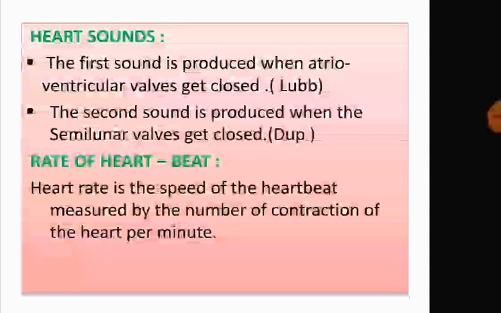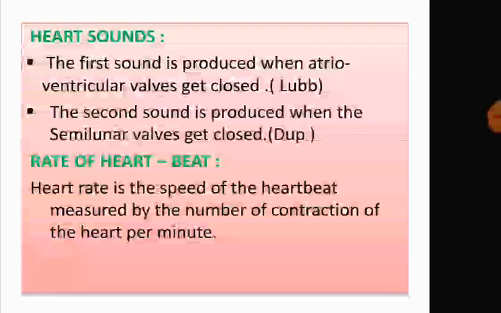The second sound, dup, is produced at the beginning of the ventricular diastole, when the semilunar valves at the root of the aorta and pulmonary artery get closed.